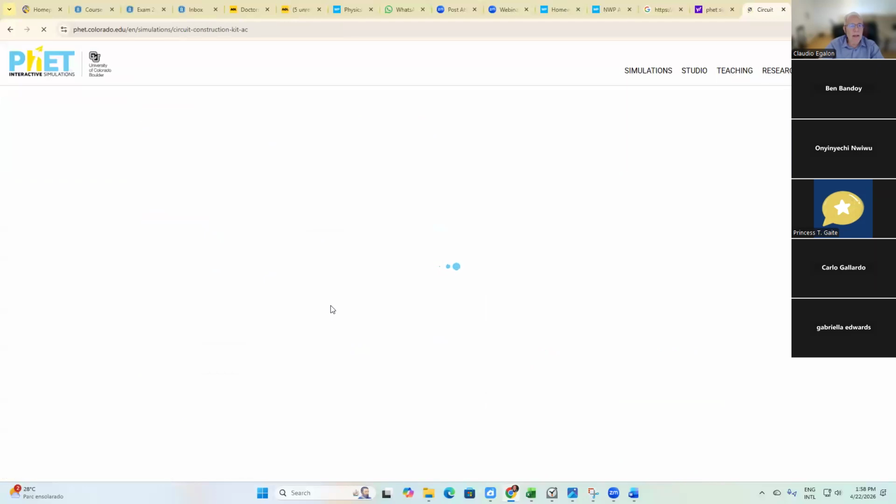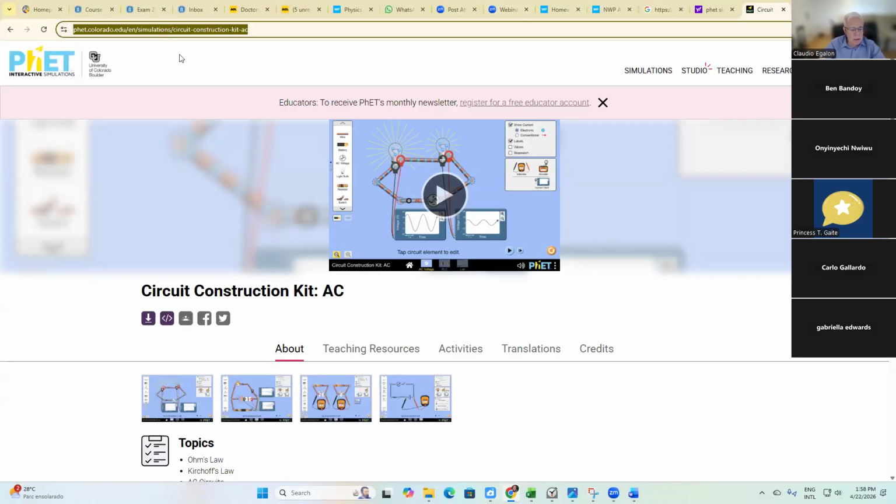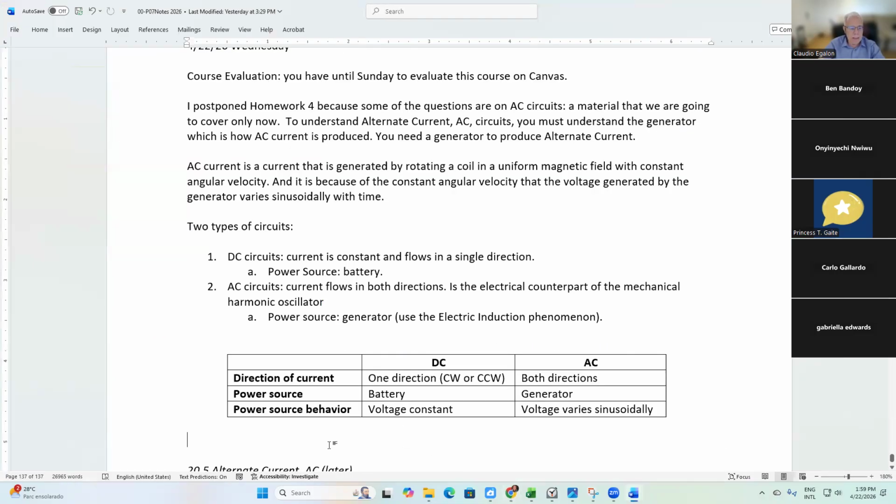Let's see if this one has DC and AC circuits. Check this one to better understand circuits.